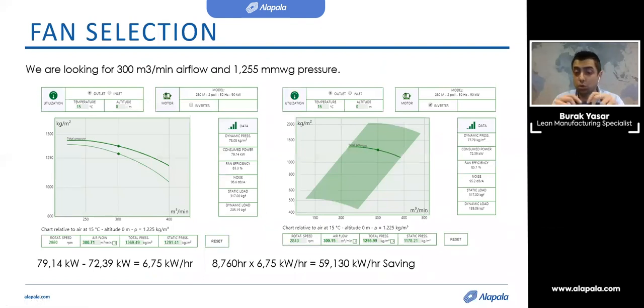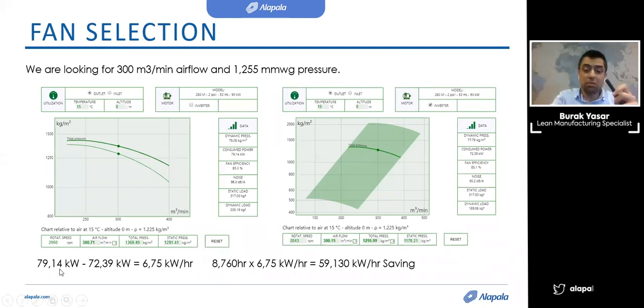When we look at the consumed power, as you see there, the fan with the VFD is lower than the fan without VFD, and also the consumed power is 72 kilowatt here. And maybe we can even select the 75 kilowatt fan instead of 90 kilowatt, right?